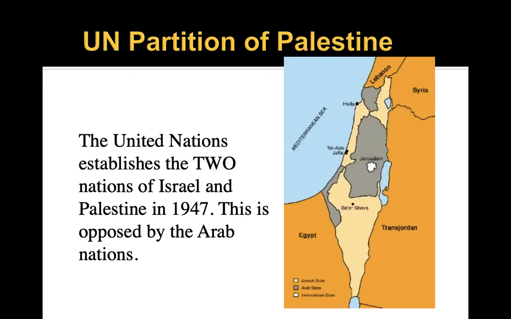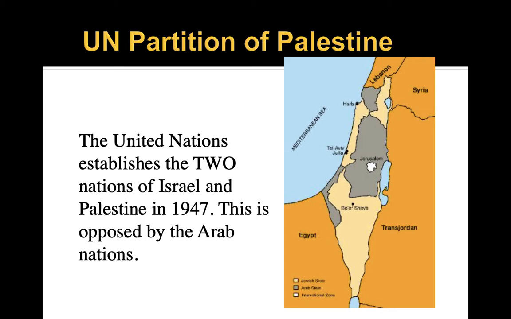So after World War II, what happens is the United Nations establishes a two state solution by giving this gray area to the Palestinian Arab people that lived in that region and had been living there for, of course, hundreds and hundreds of years. But these beige areas were then given to the Jewish immigrants who were coming back in, as an attempt to give them a homeland to try to solve some of the problems that had developed mainly as a result of the Holocaust.